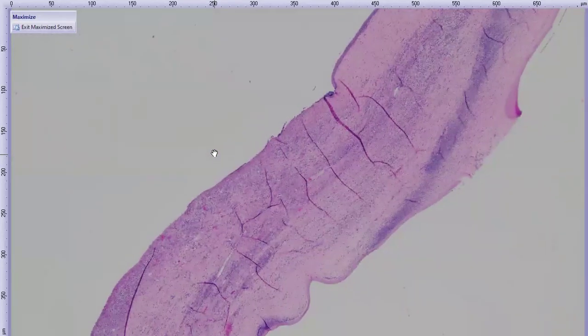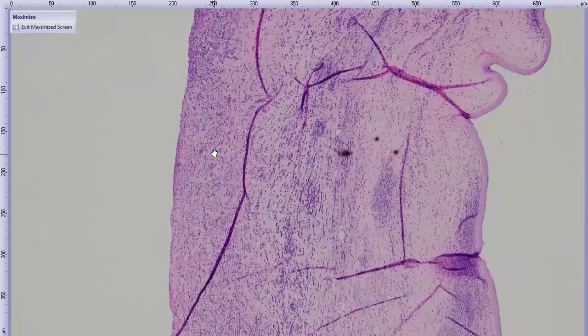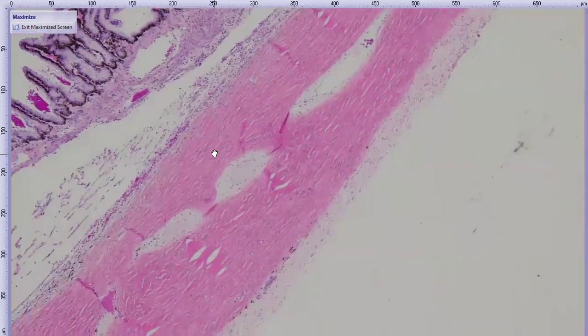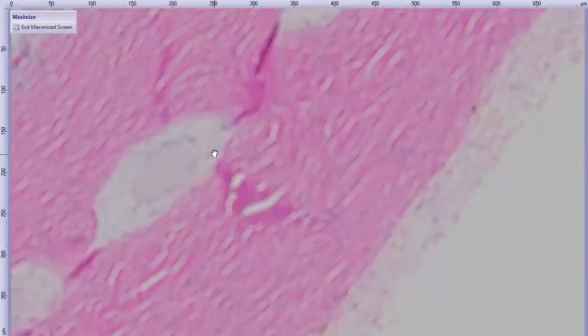So again, more corneal disease, stuff that looks a little bit more like granulation tissue. But this one had a lot better stuff around our outflow tracts here.